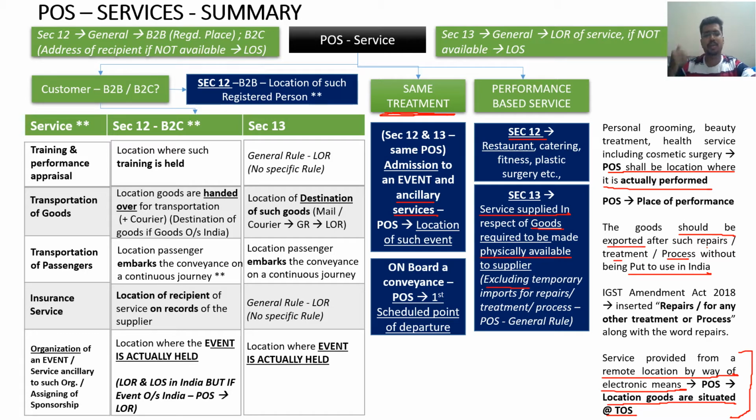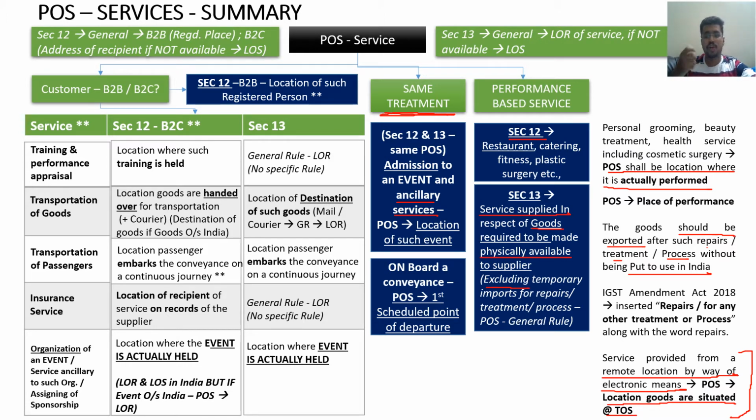You can be at a remote location which is other than the site. You can be in India, still provide service to a party in US, or a party in US can provide service to a person in India, right? He is in a remote location, right? And how is he providing the service? He is providing it through electronic means, by way of technology, by way of computer, by way of software.